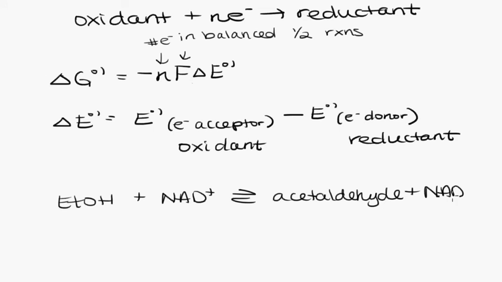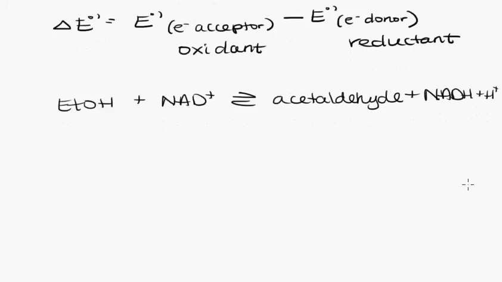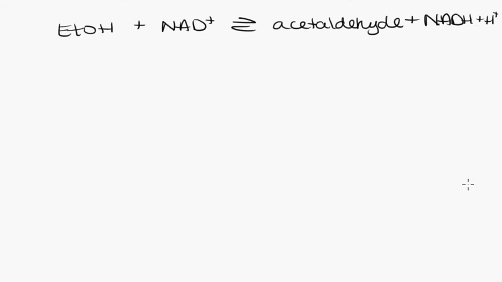So we can write this in terms of two half reactions. This is the overall equation. We're trying to figure out the free energy of this. So we've got NAD plus becoming NADH plus H plus.